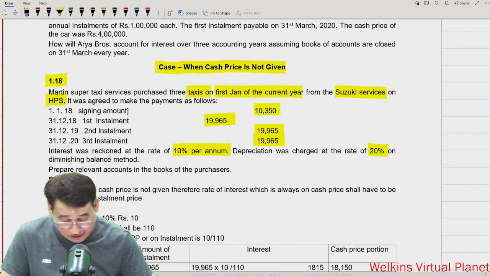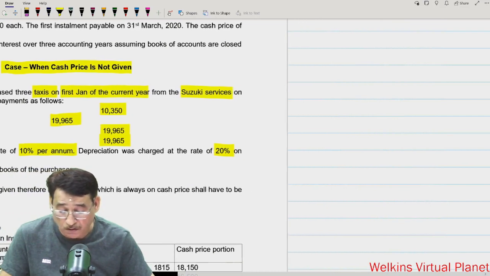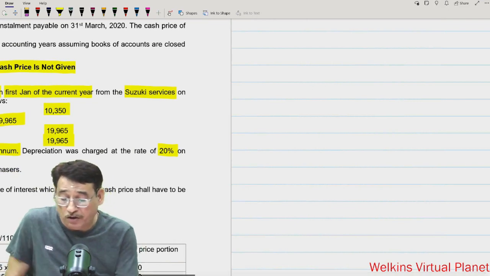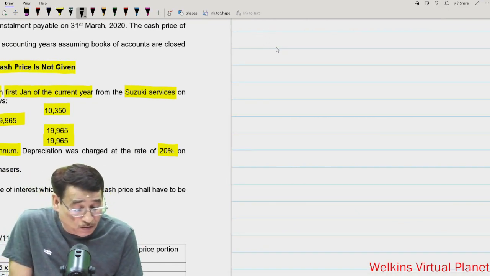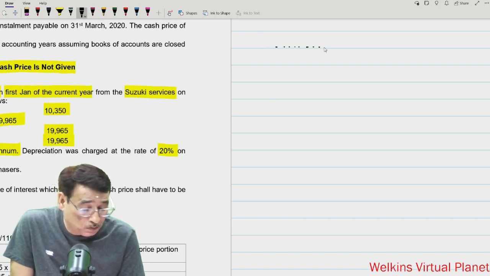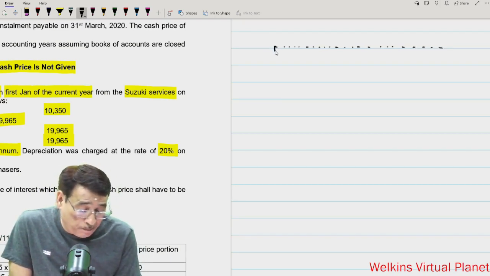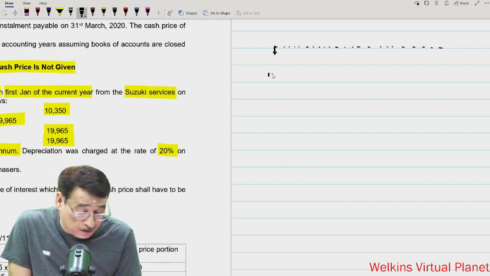So here, now, what is the situation in this particular question? At the beginning, the down payment is given to us as 10,350, correct?